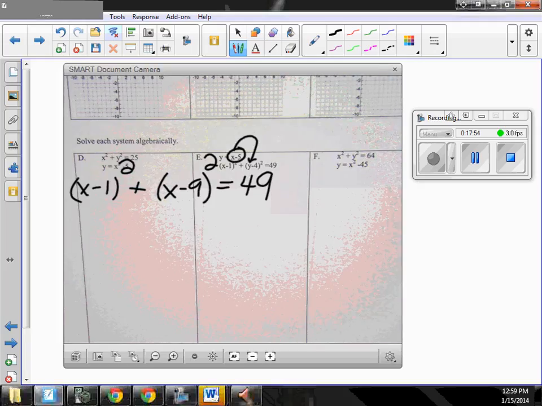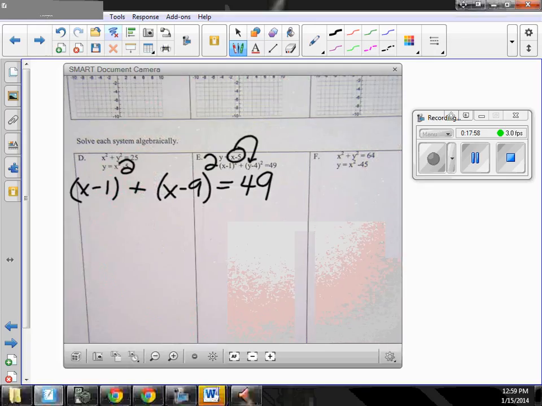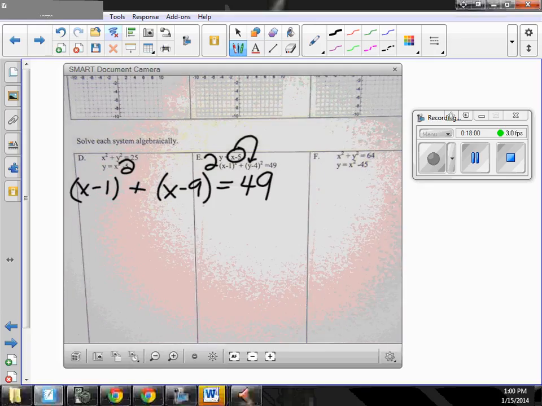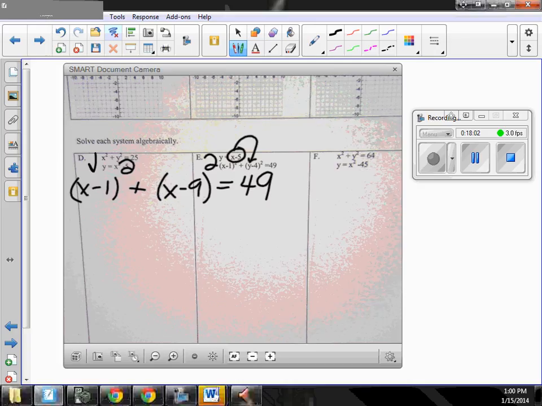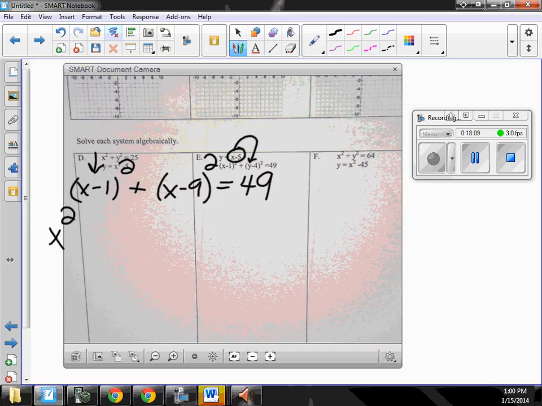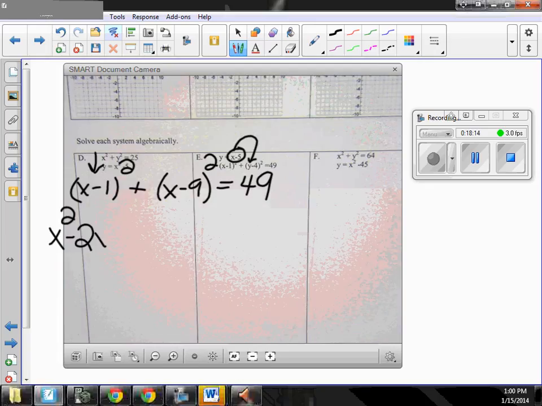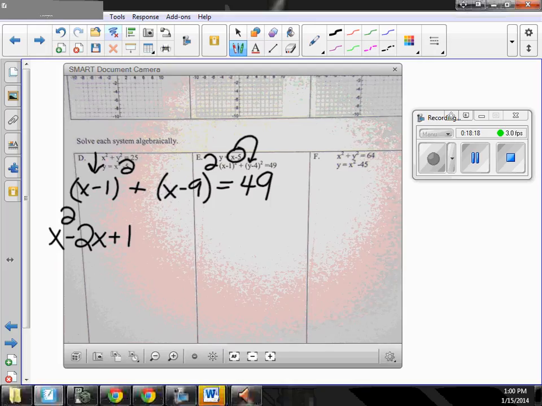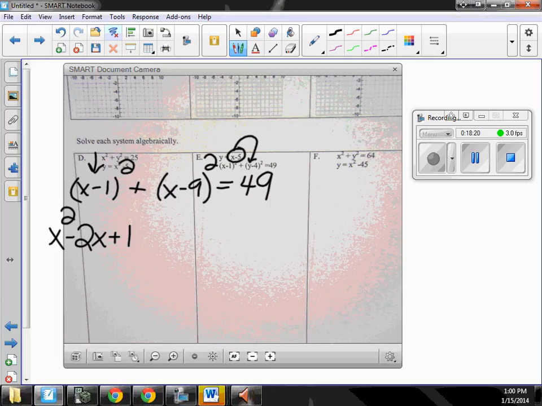Now I have gotten rid of all of the y values, so now I just solve for x. Well, hopefully you're good at doing this. How does that distribute? X squared minus 1x minus 1x, so it's minus 2x plus 1. Does anybody not know how we did that?